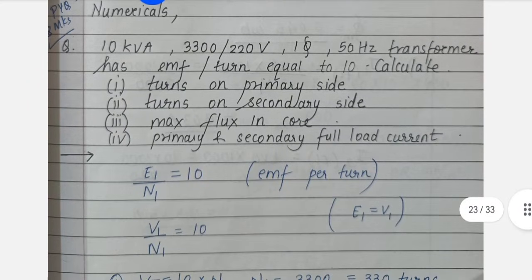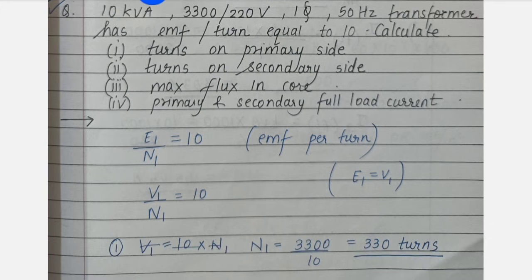Then let us see one numerical on it. This is a PYQ and it was asked for 8 marks. A 10 kVA, 3300 by 220 volt, single phase 50 hertz transformer has EMF per turn equal to 10. Calculate these things. First of all, what they have given to us is the E1 by N1 ratio. If we read the question carefully, they have written EMF per turn equal to 10.